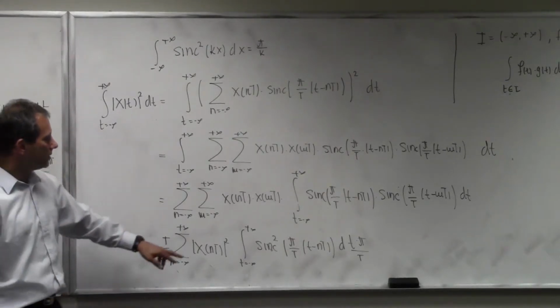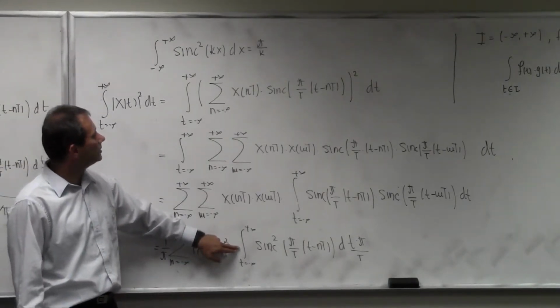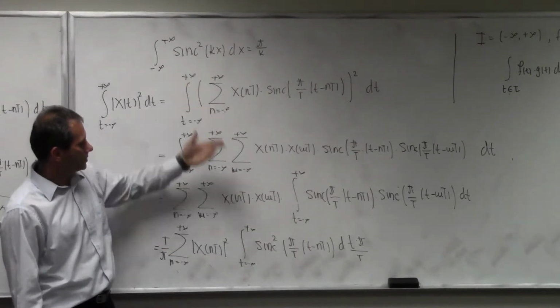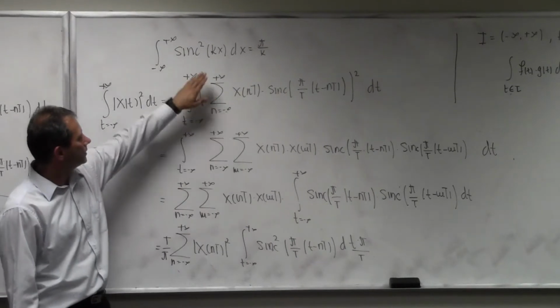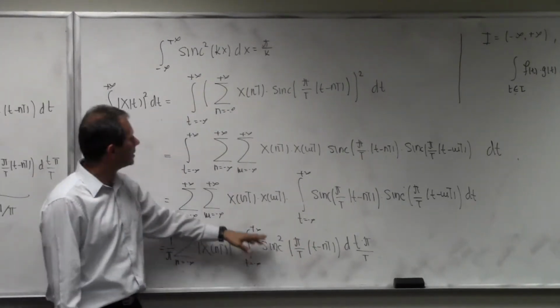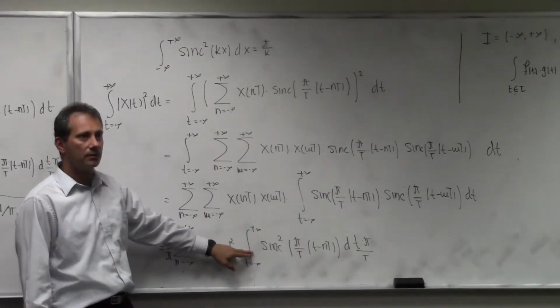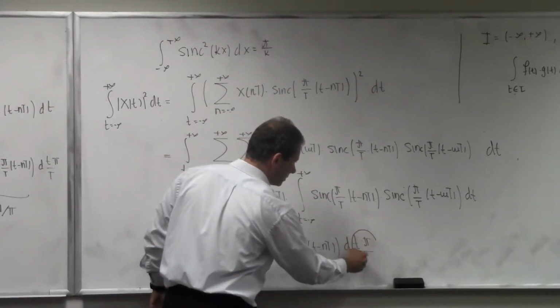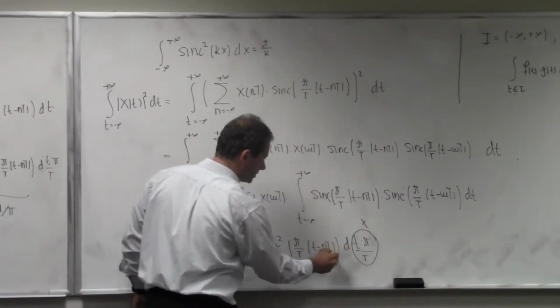Okay? So now this is the area underneath the sinc squared, right? Where actually I could have just left it without this, but this is for k equal to 1. Why is k equal to 1? Because this is now x. This whole thing is x.